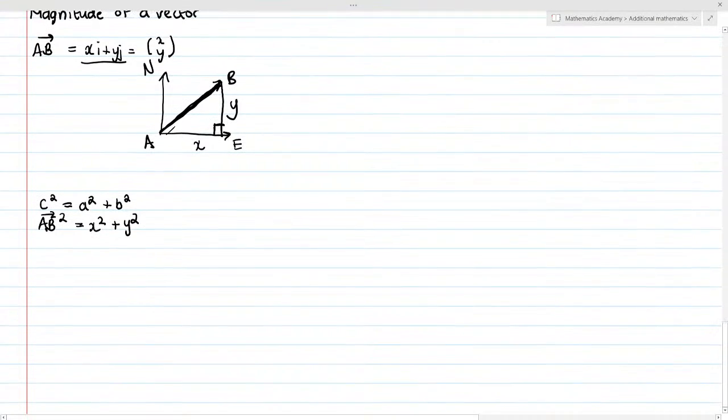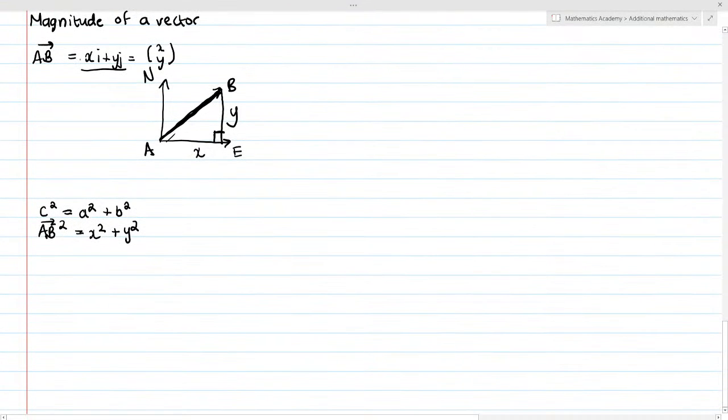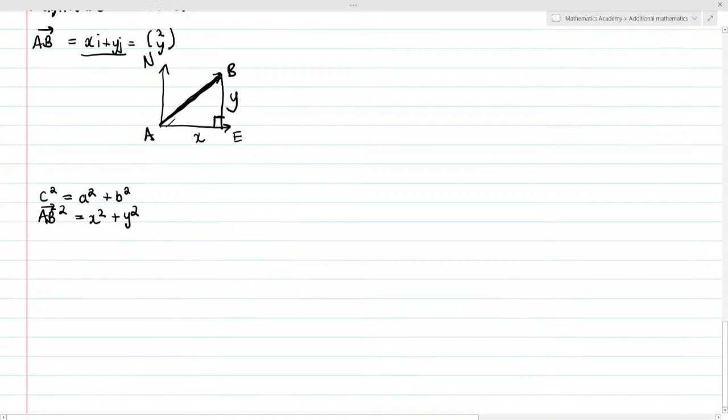So that's clear. If we have a vector AB which takes us x units to the right and y units up, then we get the square of the magnitude of AB, because Pythagoras' theorem is about the square, not the magnitude itself. Of course, we can just take the square root after that. But it tells us that the square of the magnitude of AB is equal to x squared plus y squared.